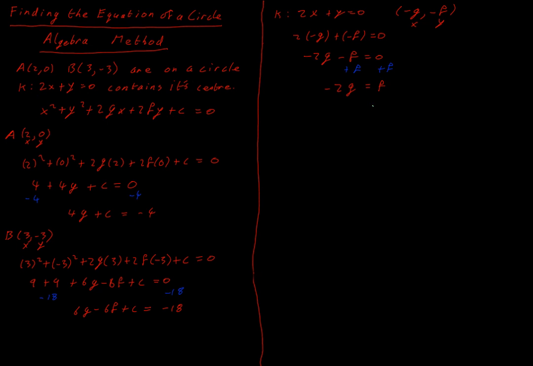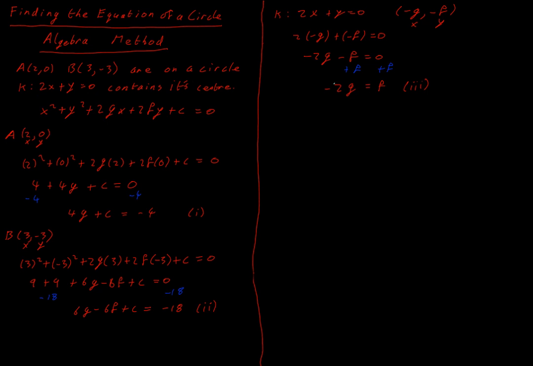So as I'm doing lots of simultaneous equations, I'm going to label my equations. I'm going to call this equation 1, this equation 2, and this equation 3. What do I want to end up with? I have an equation here in g and c, and I have an equation here in g, f, and c, and I have an equation here that relates f and g together.